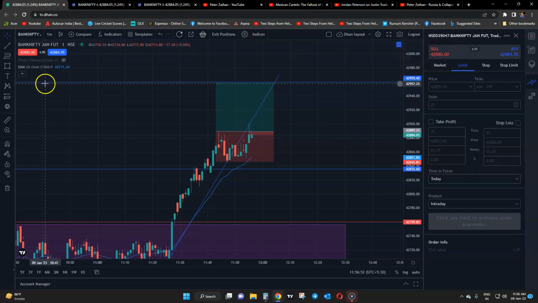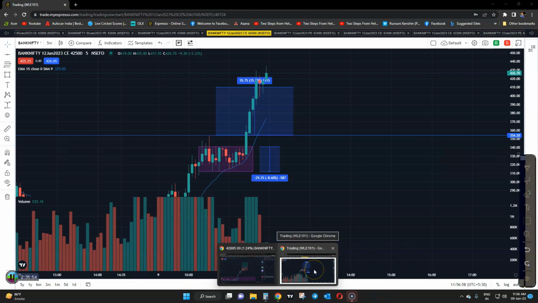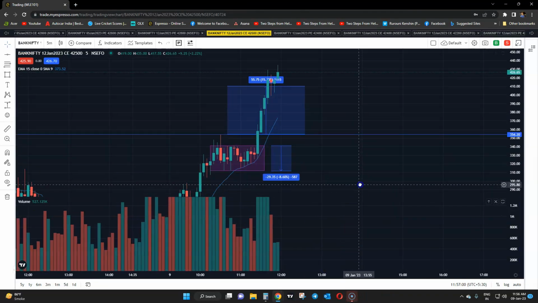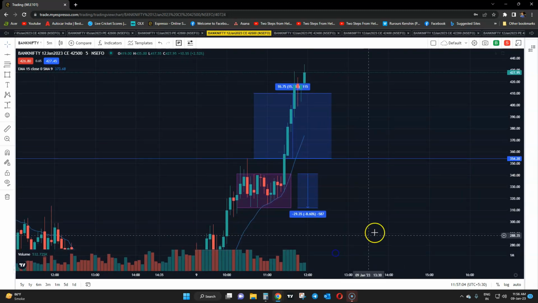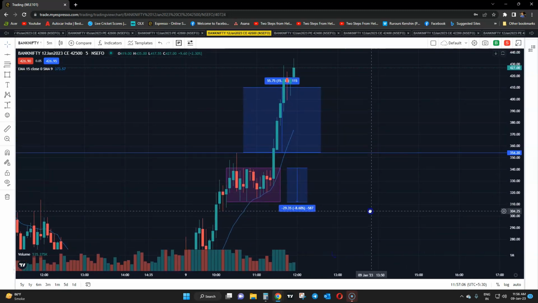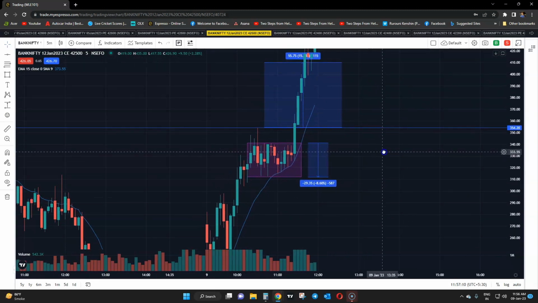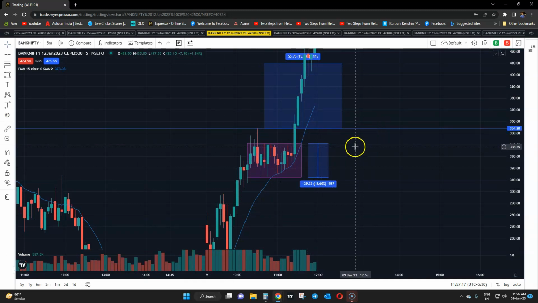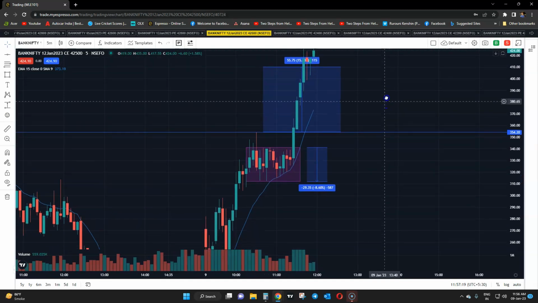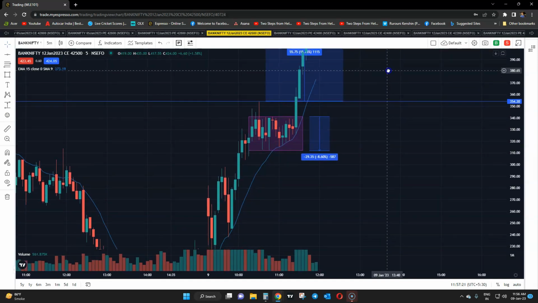So what I would do now is have a look at the options chart, stir up some salt in my wounds. See, this would have been a big stop loss. The risk would have been too much. And this is practically a trading range. Now to buy on top or sell in the bottom of it.